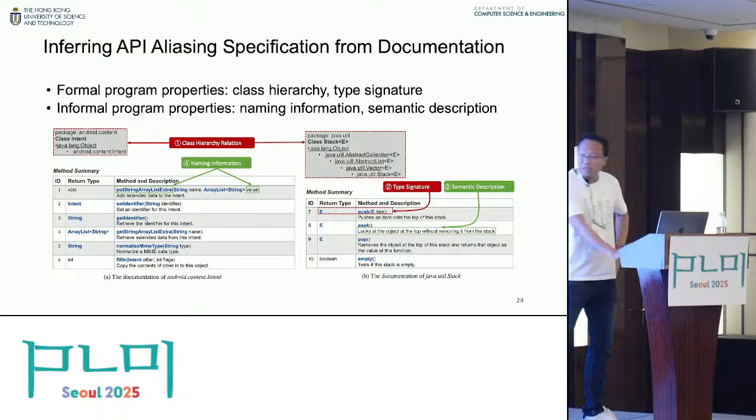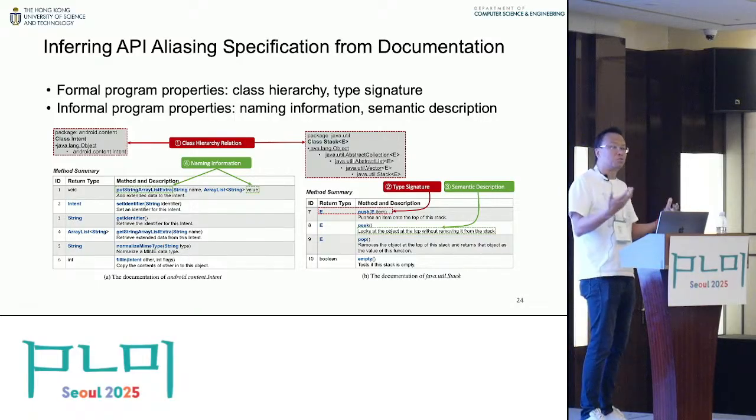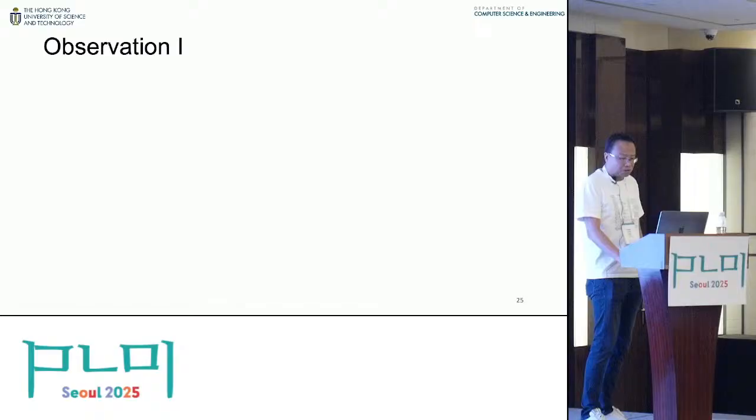So what do we do? We first look at the type signatures. We read the documentation. We read the type signatures, and we read the document. We actually read the sentences, and it's not hard for a human software developer to reach that conclusion. So this is the intuition we had.